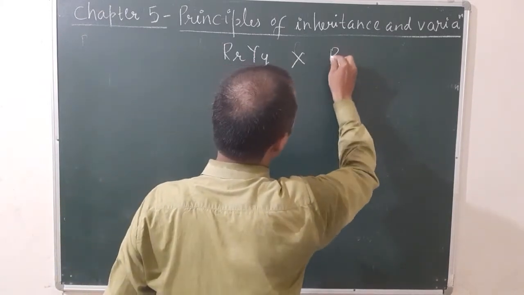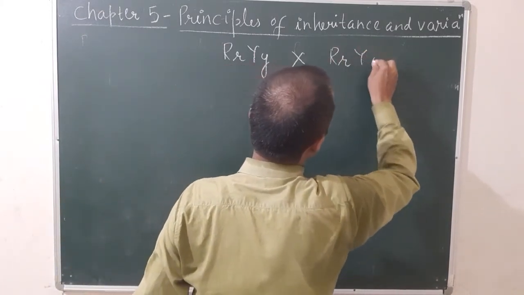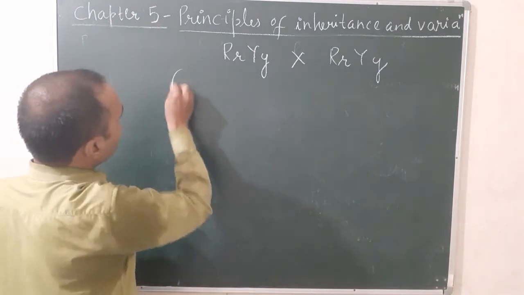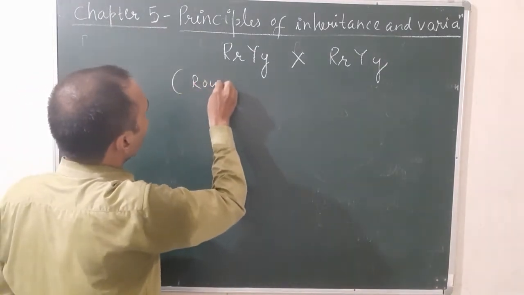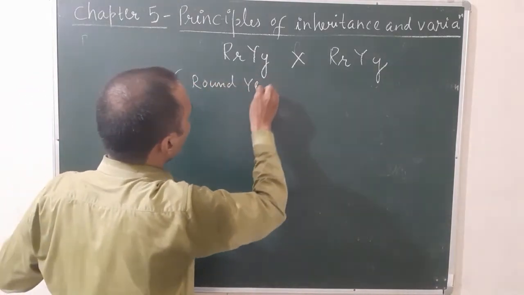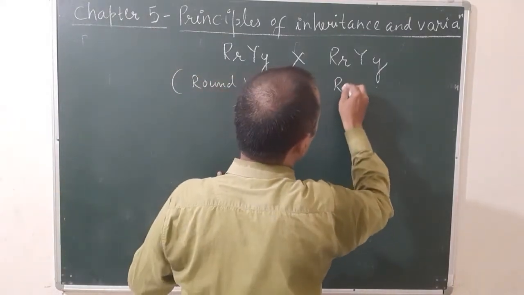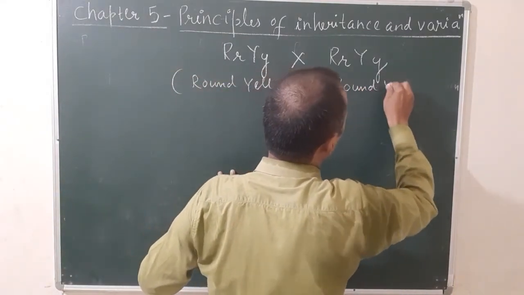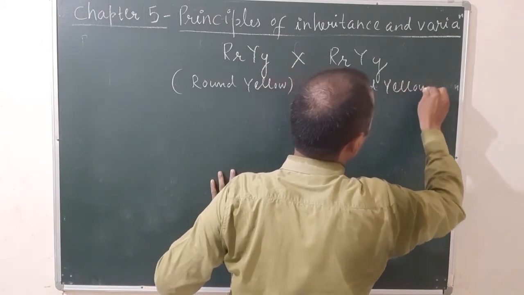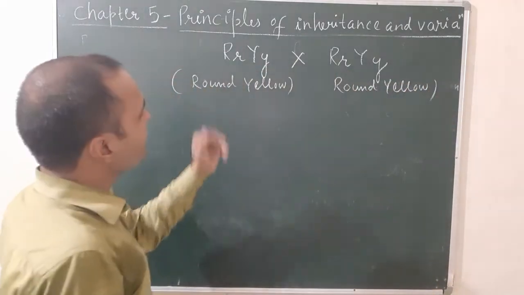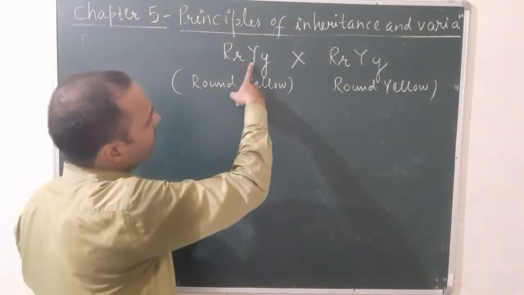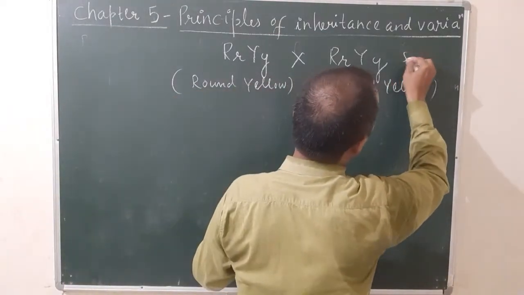Selfing. Capital R, small r, capital Y, small y. Here the genotype will be round yellow. According to the law of dominance, round and yellow. Here also round and yellow. Okay. So when selfing takes place, this parent will produce gametes. This is known as selfing.